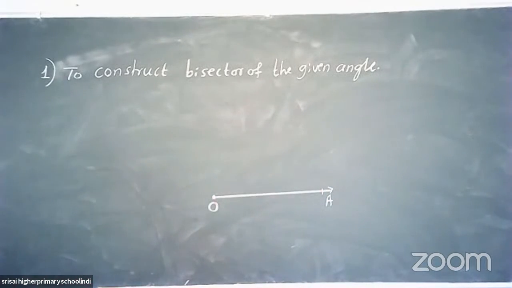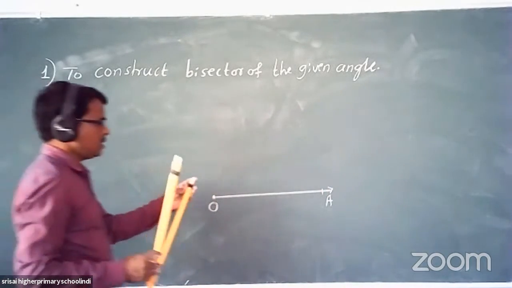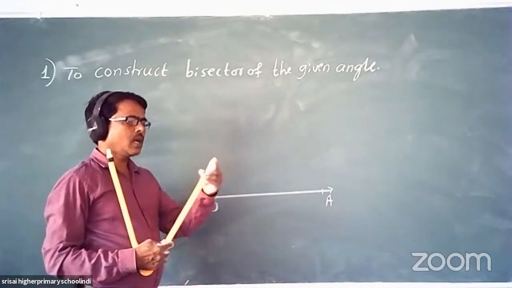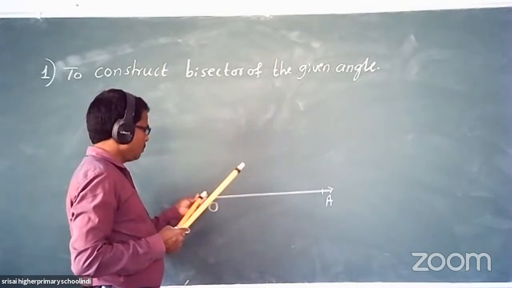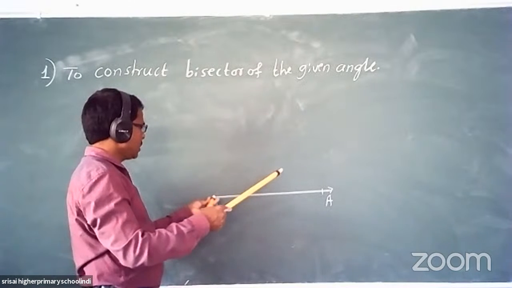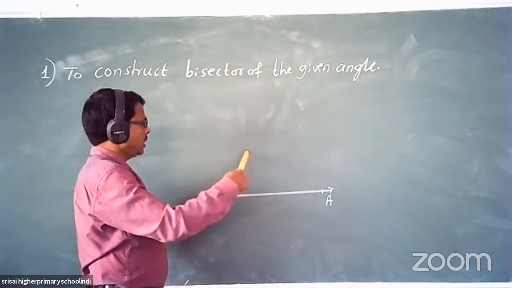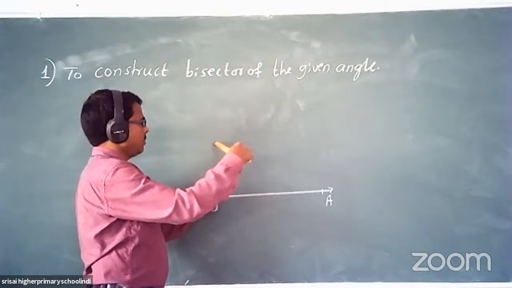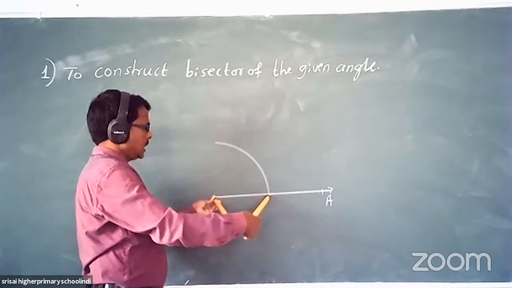Now take this compass. Keep the fixed arm of the compass on O. With suitable radius, draw an arc.